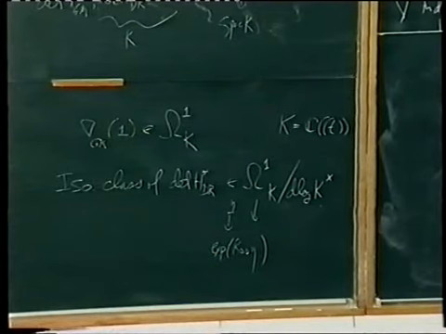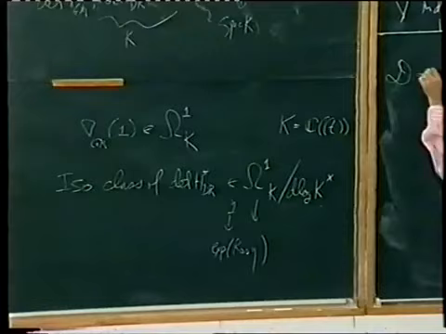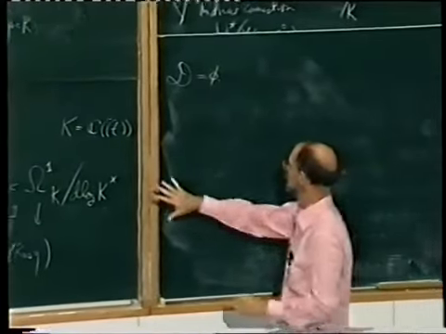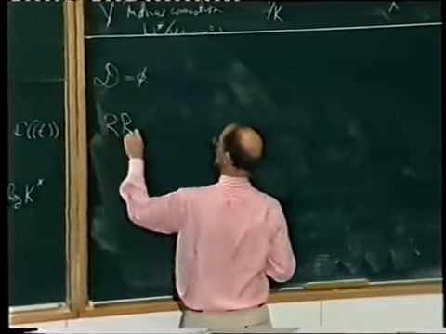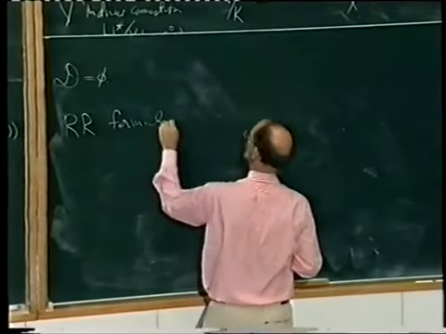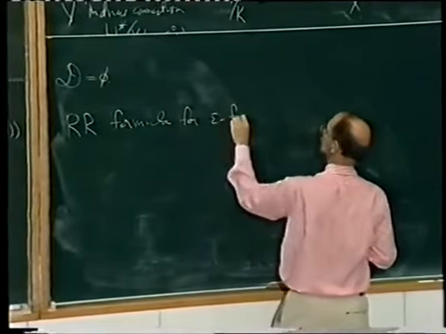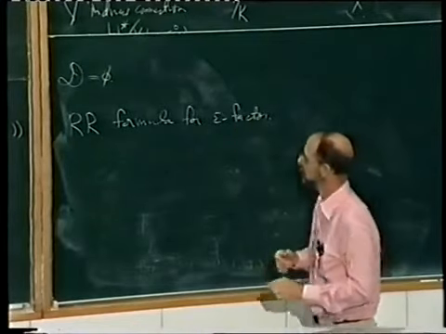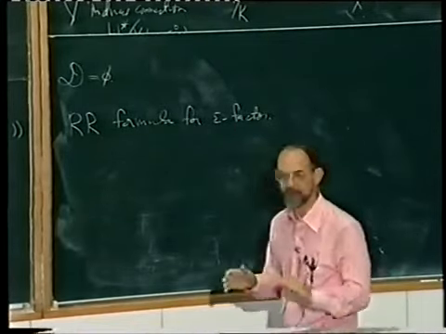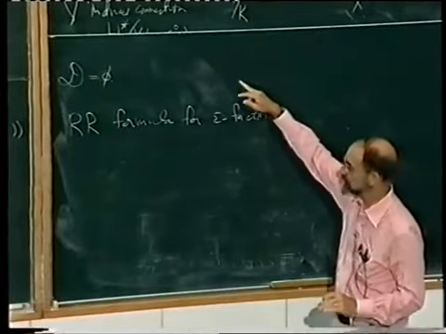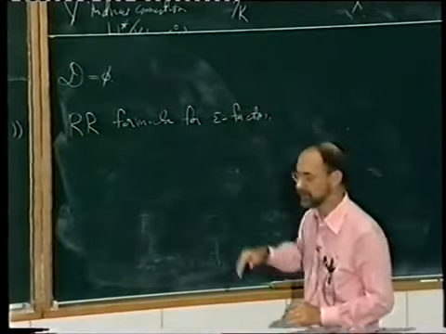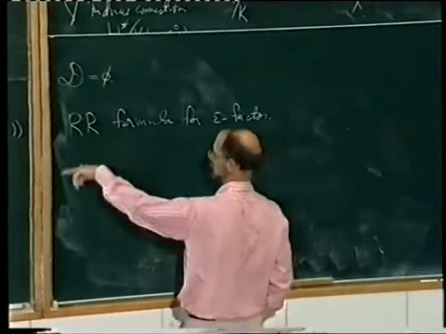Right. So I wanted to mention the simplest case when there are no poles. So let's assume that D is empty for a minute. Then I want to give you a Riemann-Roch formula for the epsilon factor. This formula applies mutatis mutandis in both cases, both the case of a finite field and the geometric case.